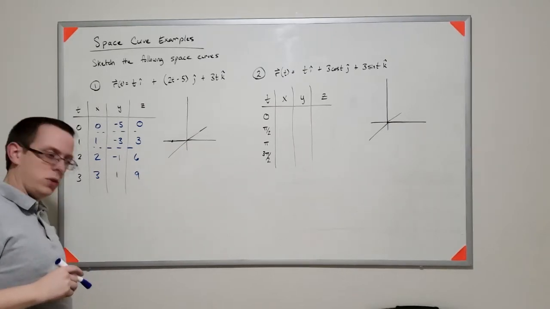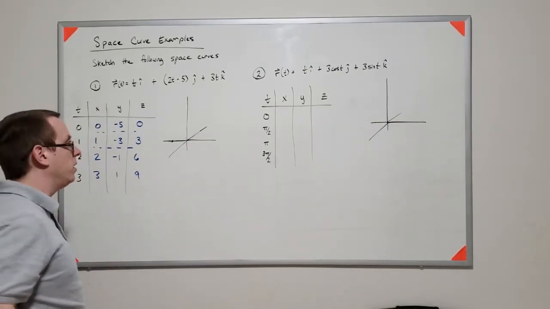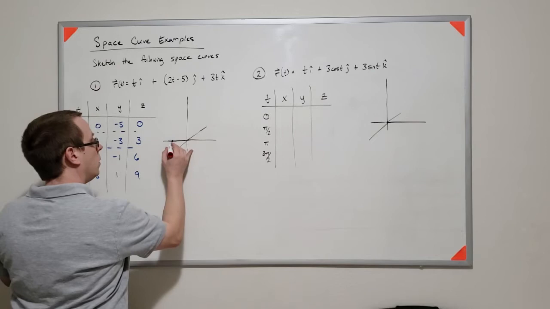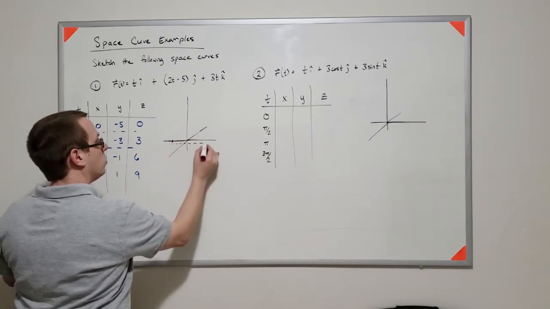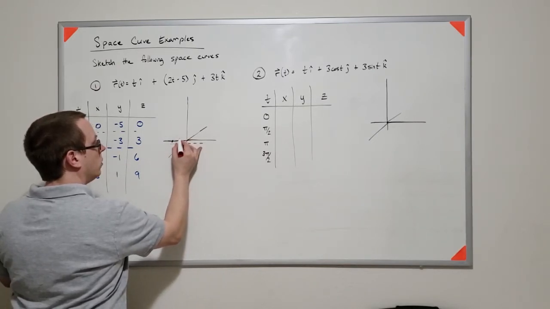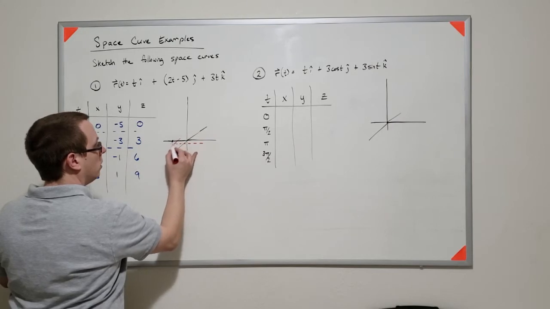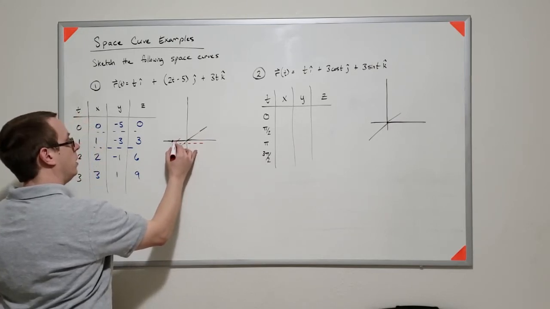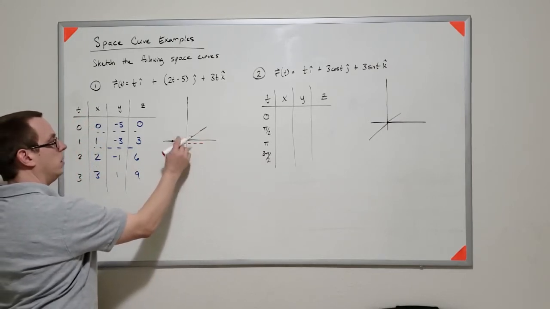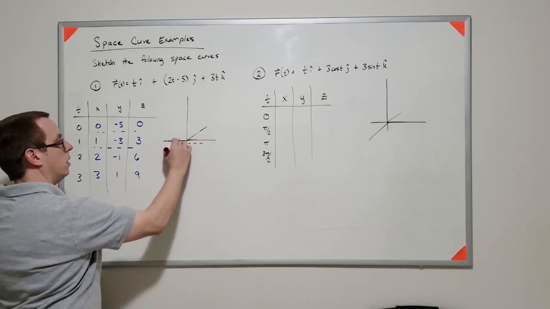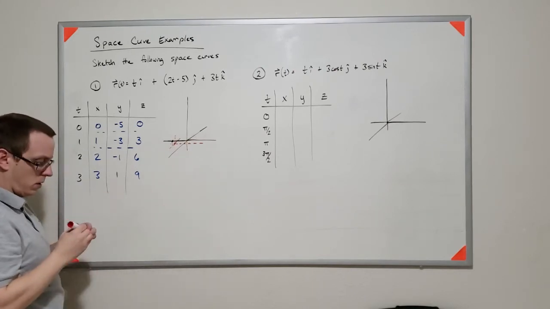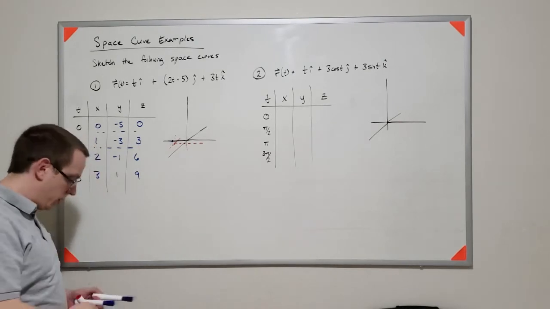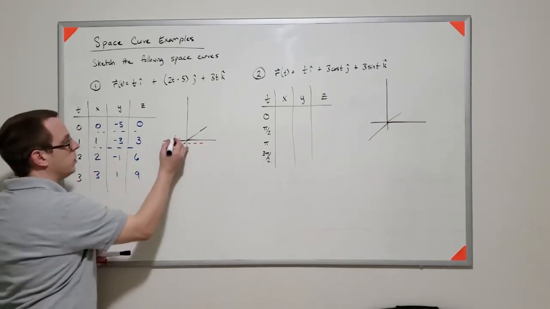So let's draw some dots so we can keep track of this. Draw 1, negative 3, and then up 3. So that gets us our next point, which is here.